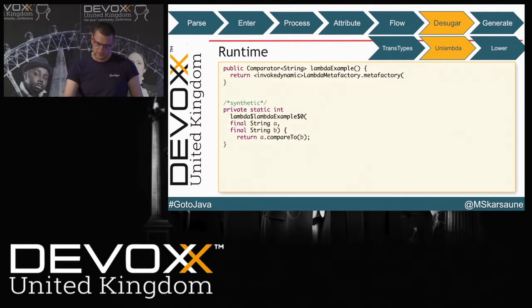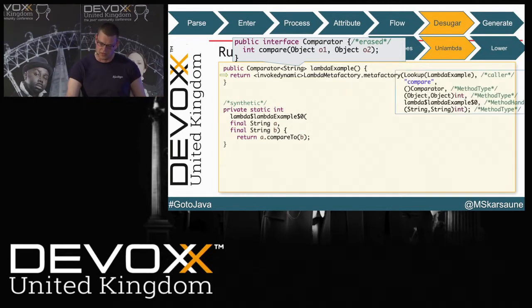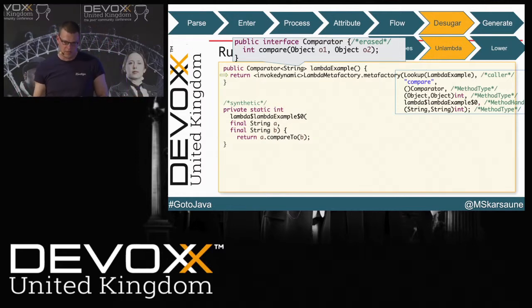But at runtime, there is a requirement that there should be a comparator. So in Java, lambdas always have to have a functional interface as required type. There's an invoke dynamic call, so I tried to make source code to represent that. And that call to the lambda meta factory then contains some static information about the role that this lambda should fulfill.